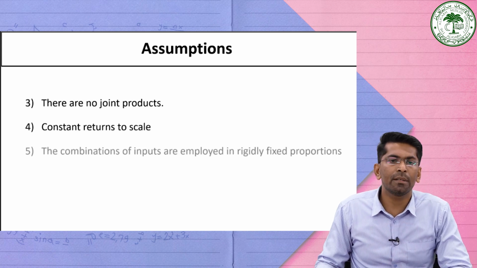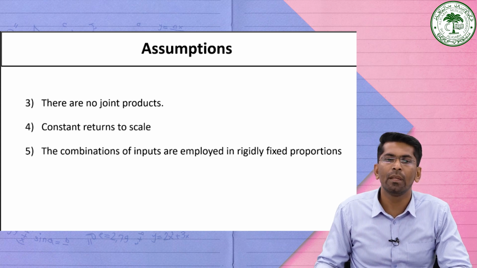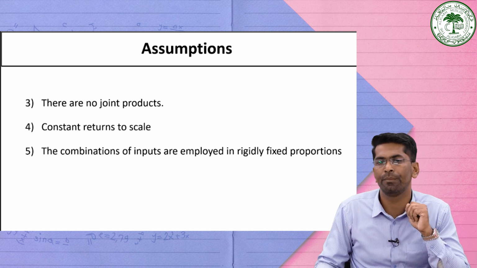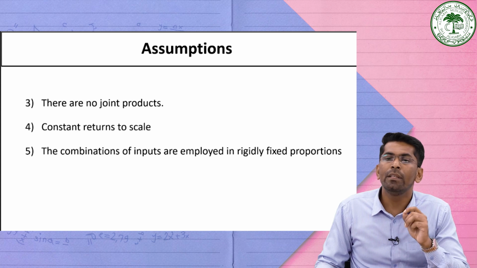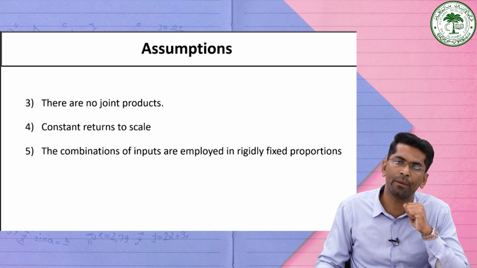Another most important assumption of input-output analysis is that the combination of inputs is employed in a rigid fixed proportion. For the simplicity of this analysis, it is assumed that the inputs are employed in a rigid fixed proportion, which means that there is no substitution between different materials and no technological progress is going to happen.